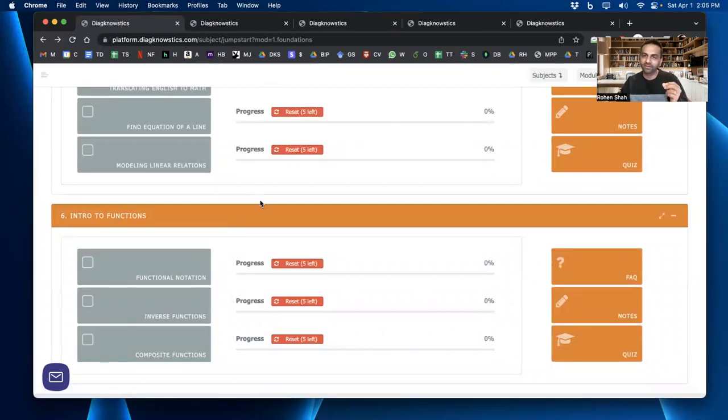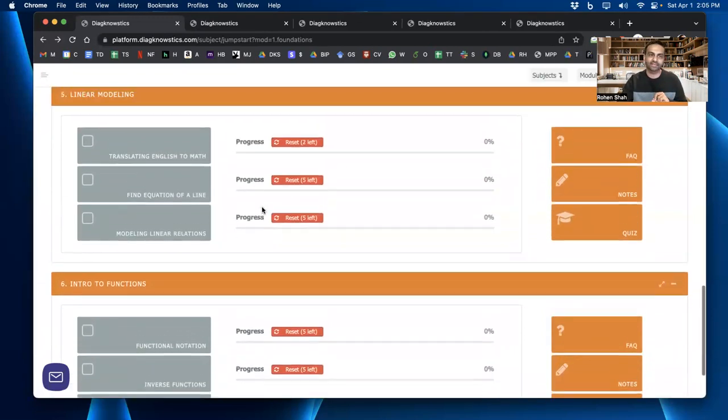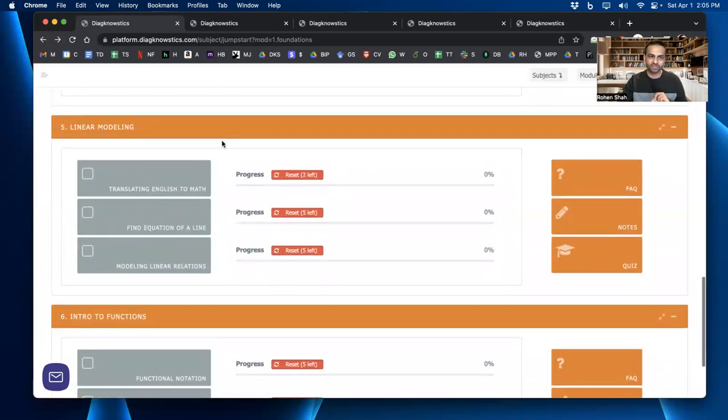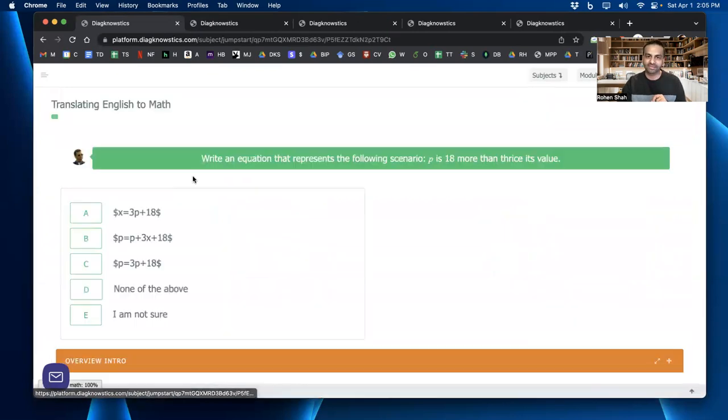But for the one thing that they don't know, they'll be able to see a specific reaction video to that misconception that they made, and then they'll be able to get more practice just for that one topic that they didn't know. We also have some modules here that are specific, like, for example, translating English to math. That's not something that you commonly see in books, but essentially this is helping them translate sentences in English into equations in math to then see how it's used.